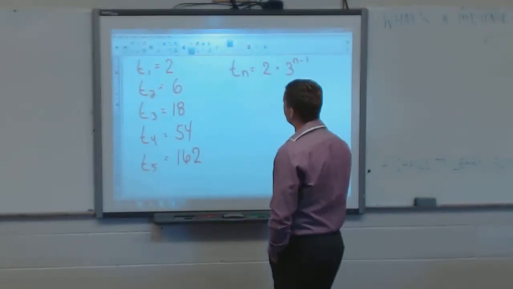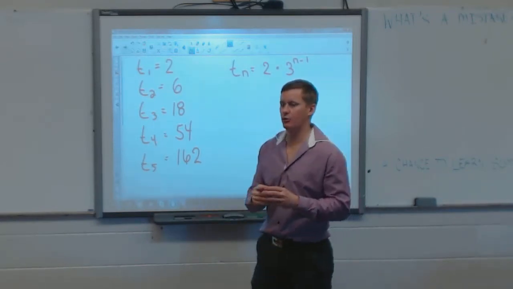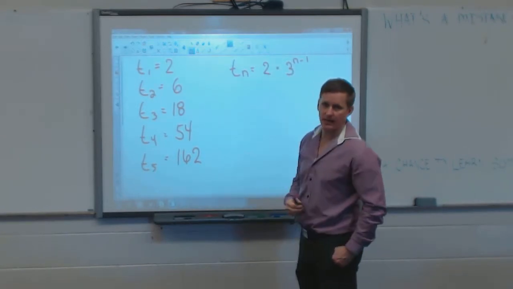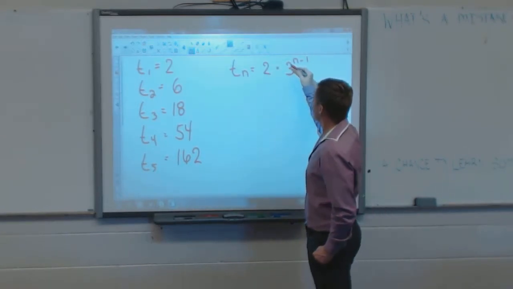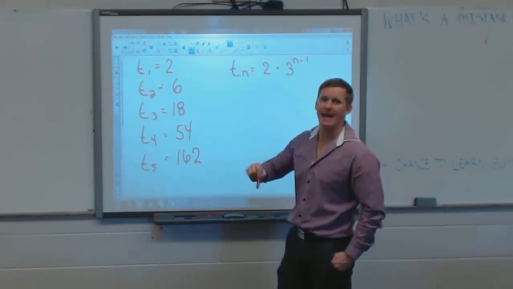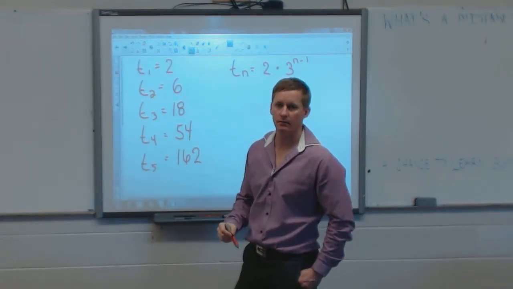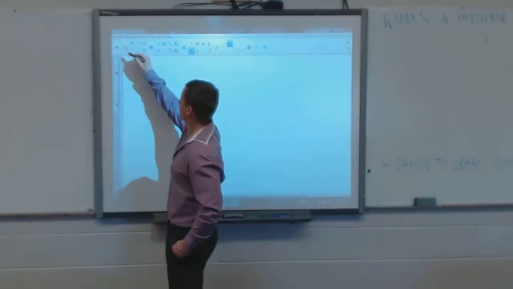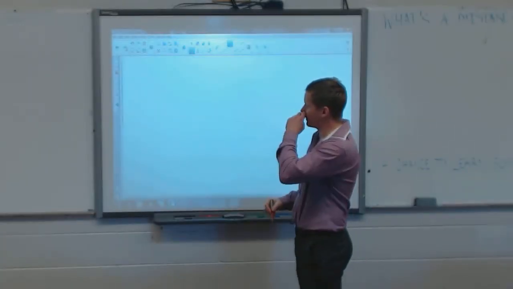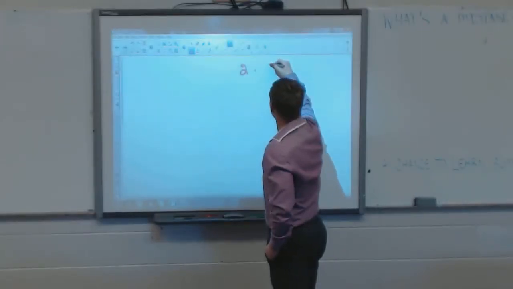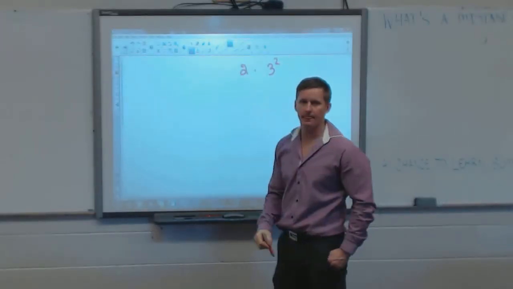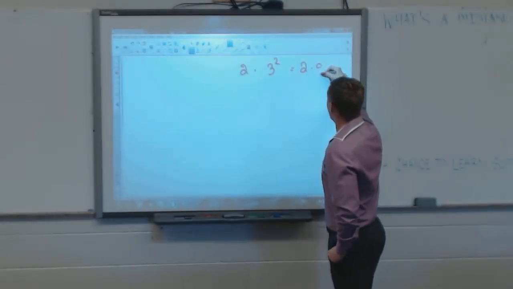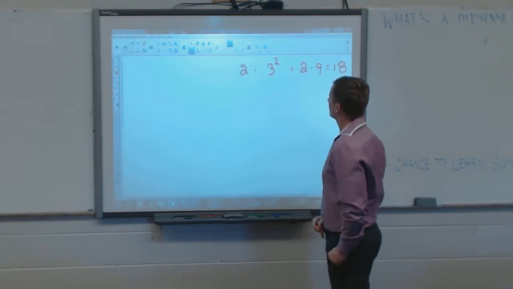Now, the biggest thing you need to understand is working with exponents like this. You do not, at any time, multiply these 2 together and then put it to that exponent. The reason for that, I'm just going to go on a little tangent here, is: if I have 2 times 3 squared, that is equal to 2 times 9, which is 18.